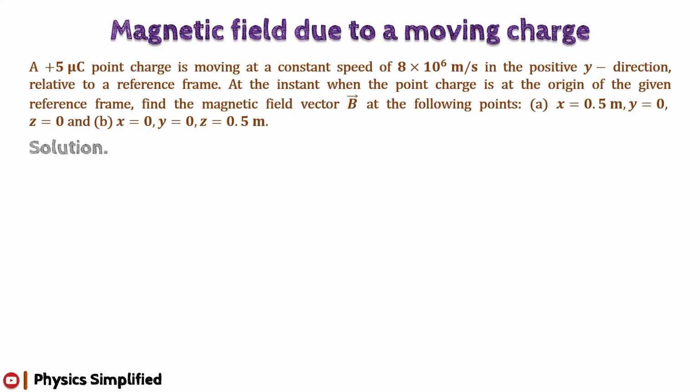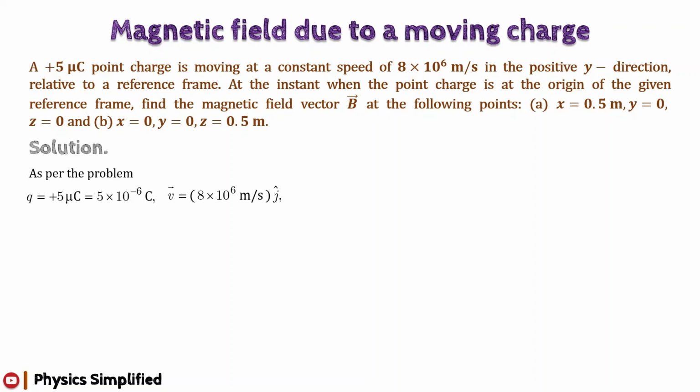According to the problem, Q is equal to plus 5 microcoulomb, which is equal to 5 × 10^-6 coulomb. Since the point charge is moving towards the positive y direction, vector v is equal to 8 × 10^6 meters per second j hat, because j hat is the unit vector along positive y direction.